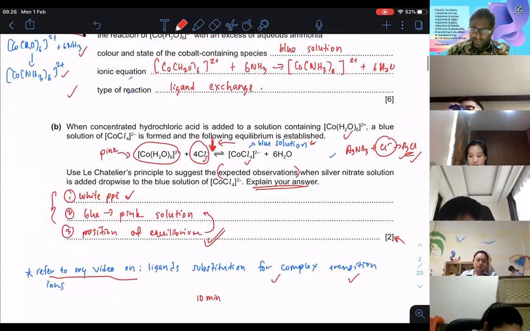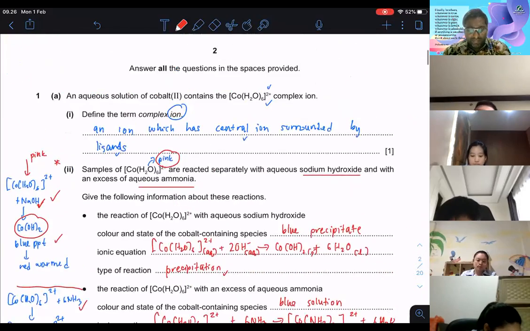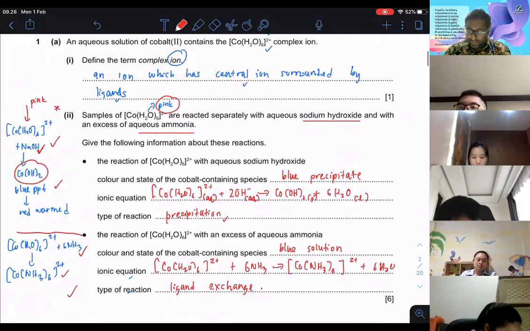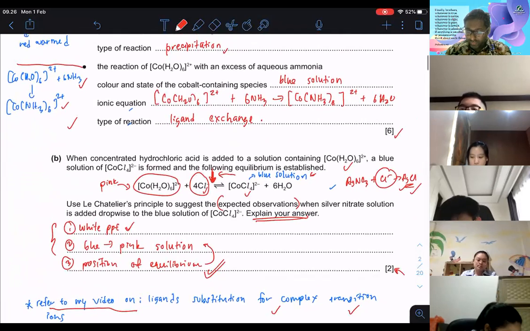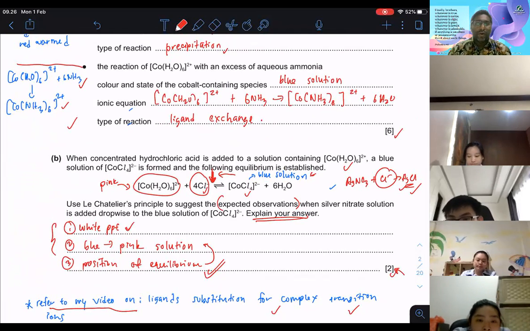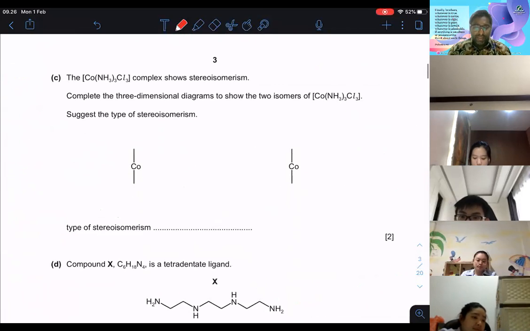So in this case, you can see how many marks are given just for this. You see 1, 6, and 2, so you are roughly looking at 9 marks, and they didn't stop over here. If they want to continue with copper, they can continue and ask more. But instead of doing that, they go straight to an introduction to organic chemistry, or more towards your A2.